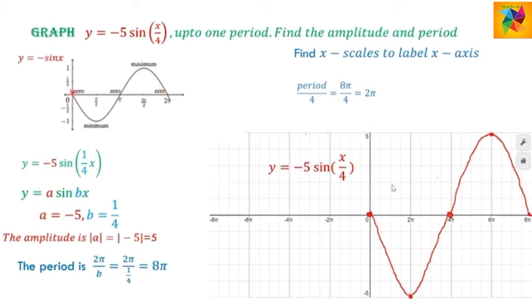If this was positive, instead of going down, it will go up to 1, then go down to the midline, down to the minimum point, and then up to our midline again. In this case, it's negative, so it's going down to the minimum point. Once you know that one period, these are periodic functions, and you can graph the rest.